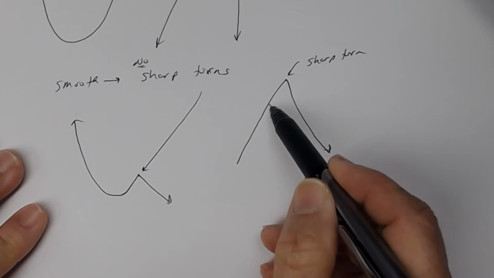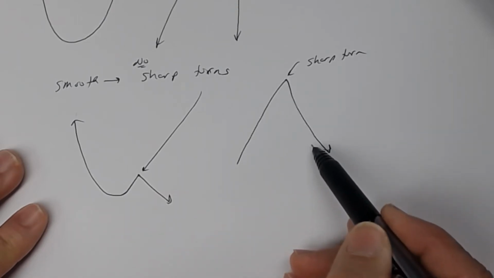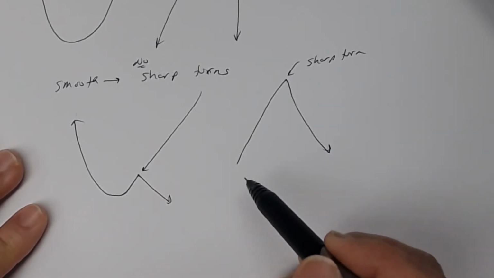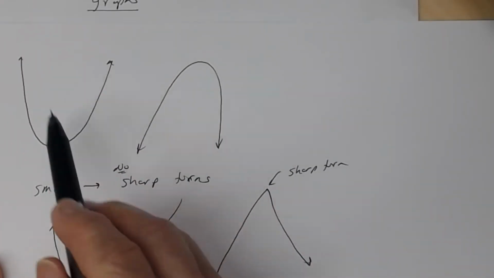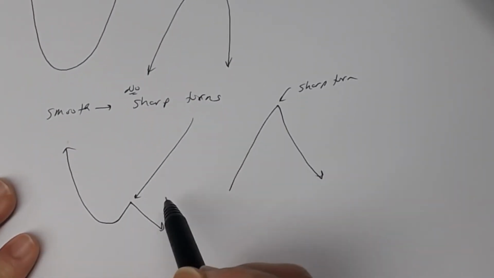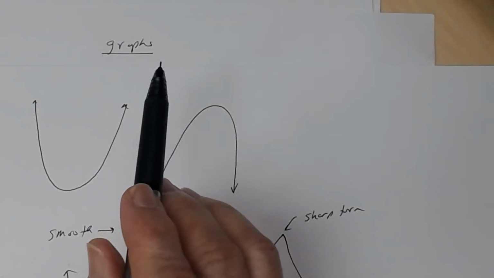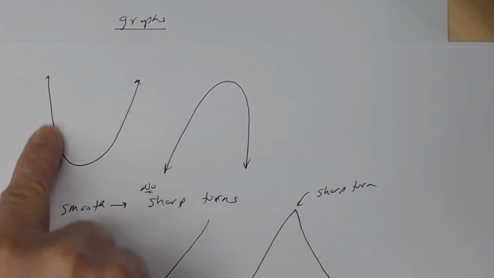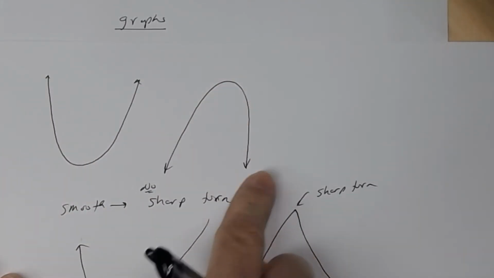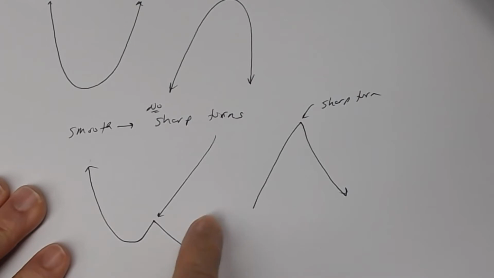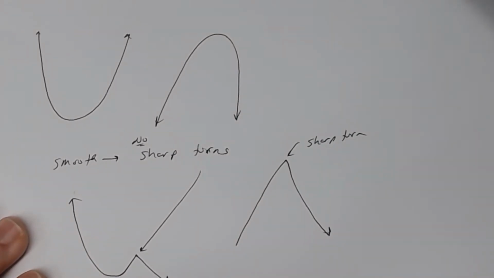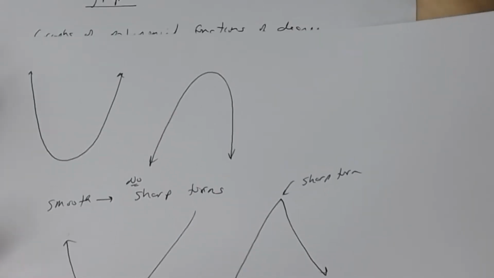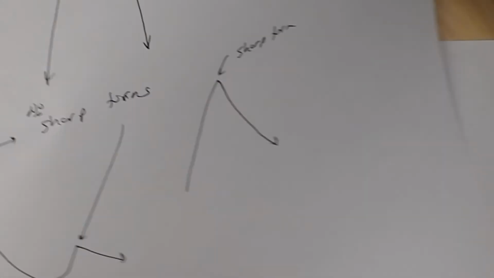Okay, so that's what I mean by smooth and not smooth. So the graphs of polynomial functions are going to be smooth curves. They're not going to look like these.